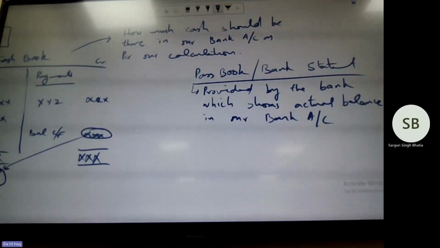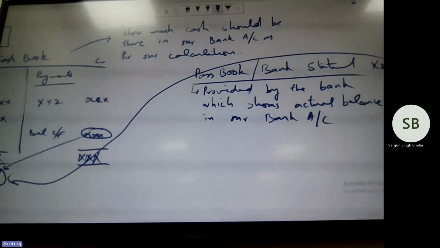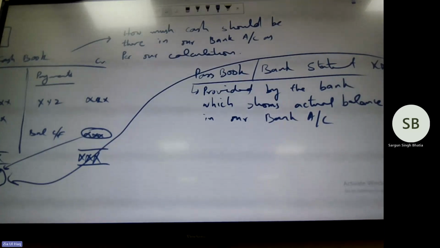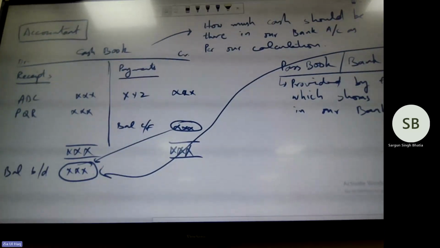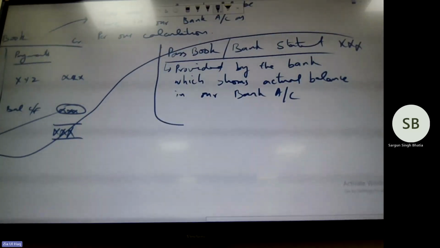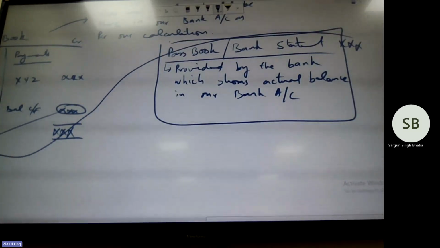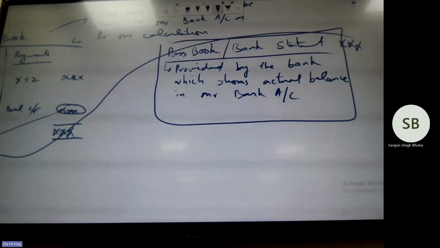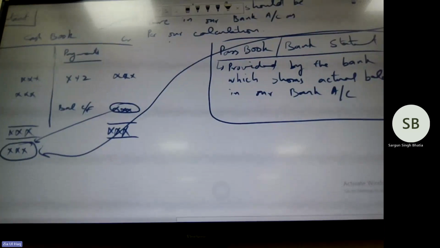And the balance of the passbook could be different from our balance of cash book. Because the cash book shows how much should be the balance in our bank account as per our calculation. But the bank statement or passbook prepared by the bank shows the actual balance in your bank account, which might be different from the balance of cash book.